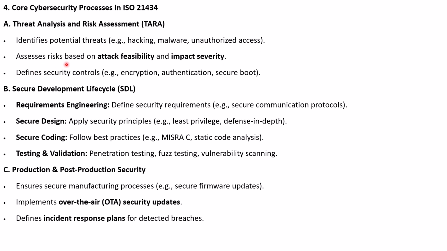It also assesses risks based on attack feasibility and impact severity. So you have to identify the areas where an attack is feasible, and if the attack happens, how deep or how horrible the impact is, what is the severity of the impact.